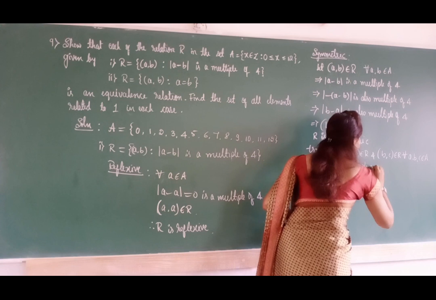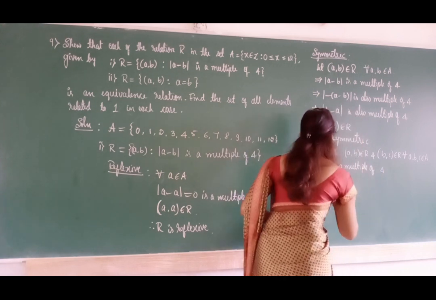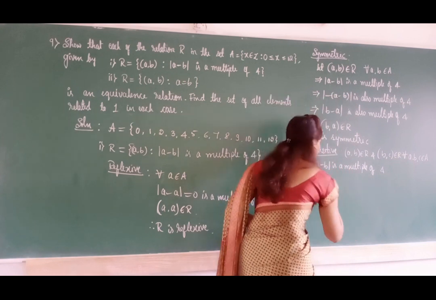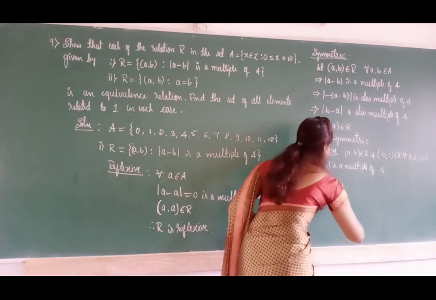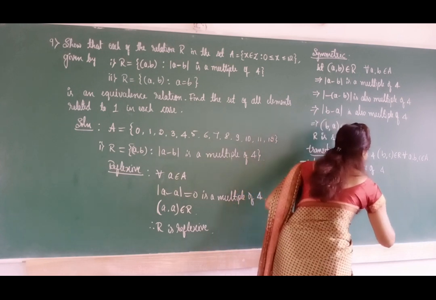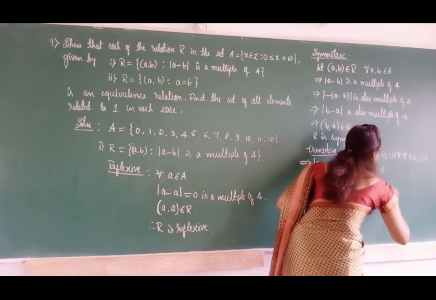And ordered pair BC belongs to R, nothing but modulus of B minus C is a multiple of 4.